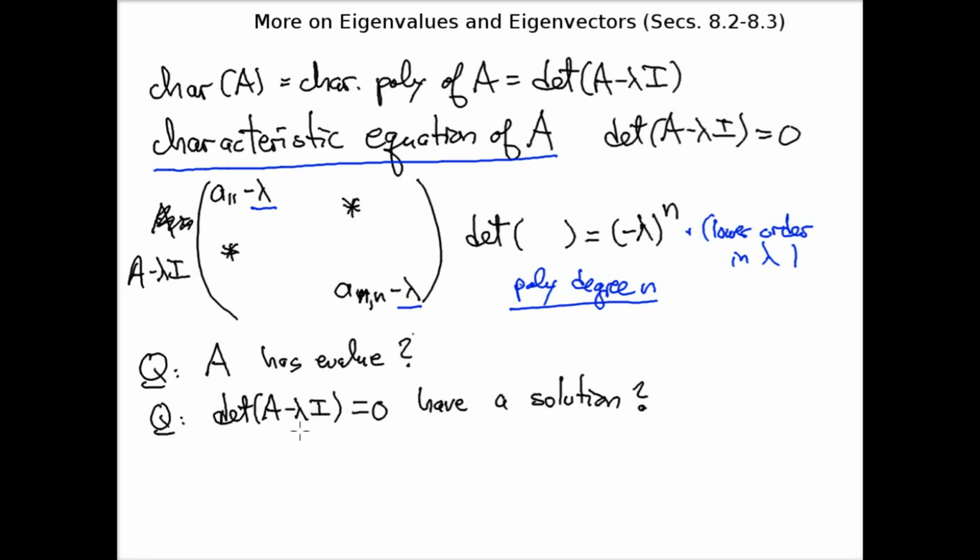Well, this is more or less an arbitrary polynomial of degree n. So the question becomes, suppose I take a polynomial a0 plus a1 lambda plus dot dot dot an lambda to the n and set that equal to 0. Does this have a solution?